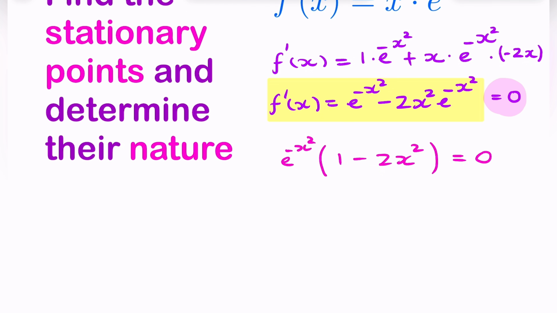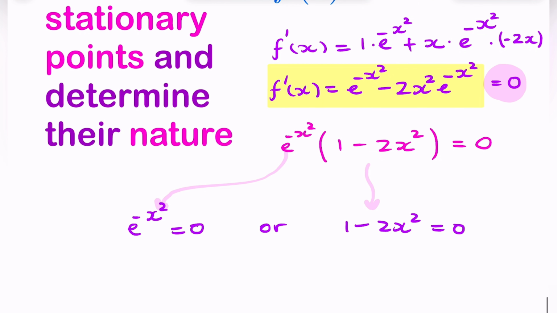So I can say either this equals 0 or that equals 0. So either e to the minus x squared equals 0, or 1 minus 2x squared equals 0. So either of these will give me my stationary point.